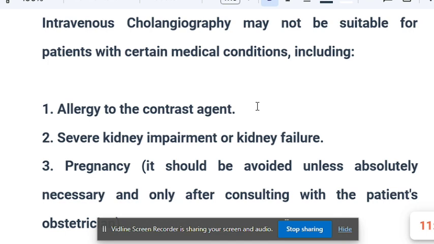Okay. Now, severe kidney impairment or kidney failure. In this condition also, we have to send for LFT test. We have to send for kidney function test in case the patient is having liver function test inappropriate, not correct. We put it in contraindicated condition.